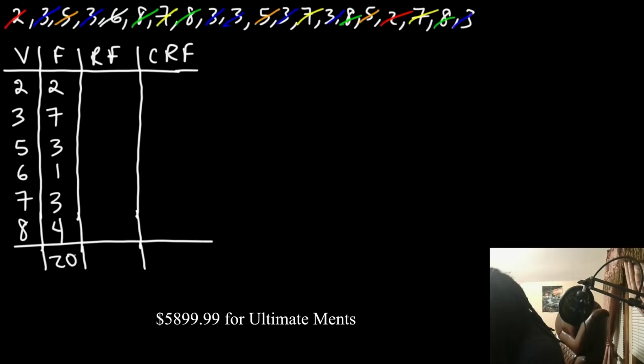Now how do we calculate the relative frequency? For the first entry in that column, take the frequency and divide it by the total number of numbers that you have in the data set. So the relative frequency is basically the frequency divided by n. For the first one, it's going to be 2 over 20, which is 1 out of 10, so that's 0.10.